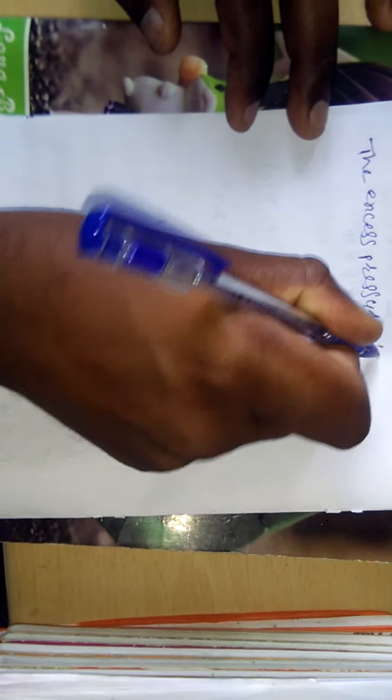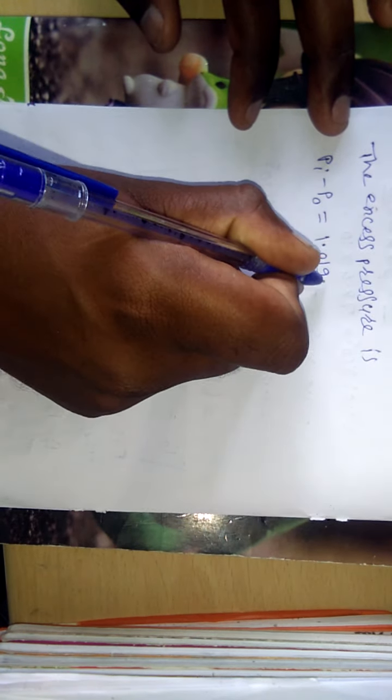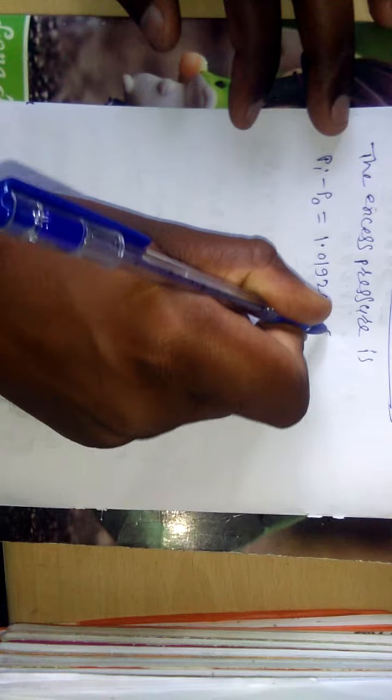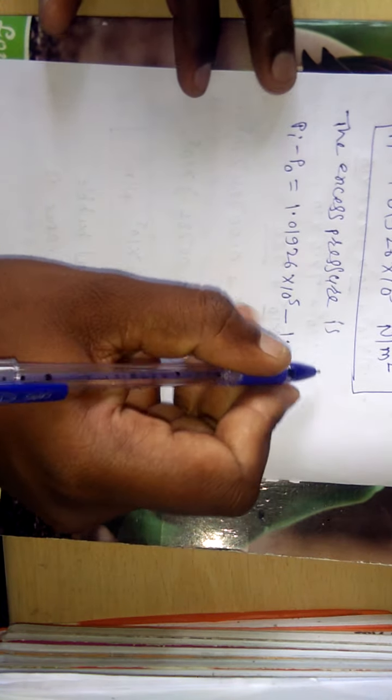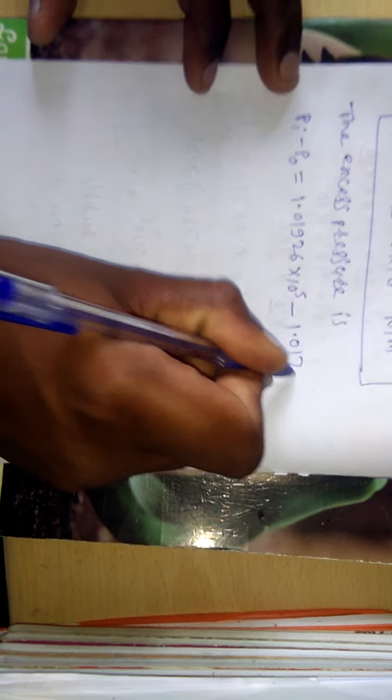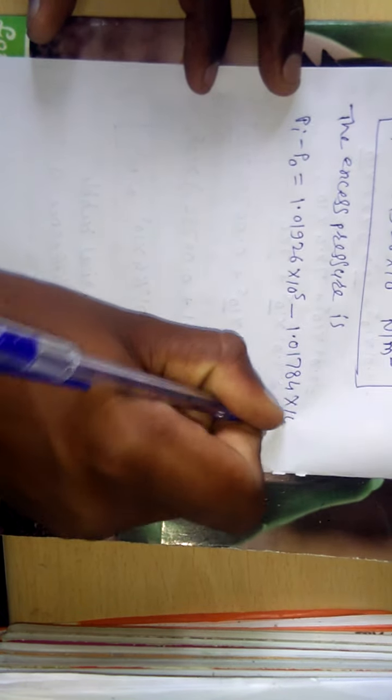Therefore, also calculate the excess pressure. The excess pressure is pressure inside minus pressure outside. The pressure inside is 1.01926 into 10 to the power of 5, minus the pressure outside, which is 1.01784 into 10 to the power of 5.